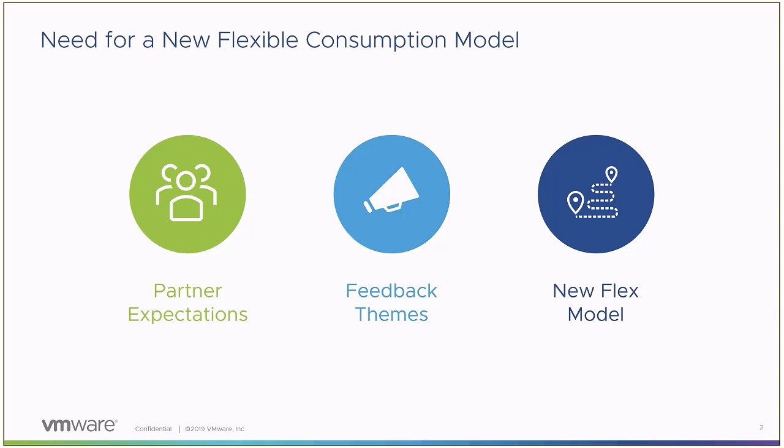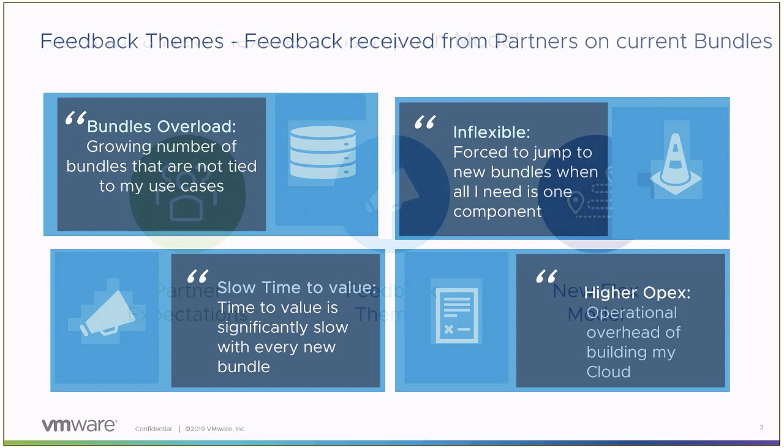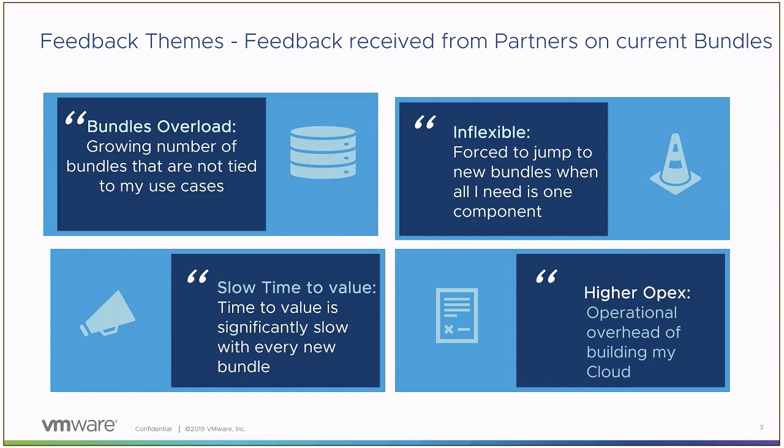The background for this new model is that we have received feedback that the old bundle is quite complex and very inflexible. Some examples from partners are bundle overload, a growing number of bundles that are not tied to my use case. Another example is that it's inflexible: we are forced to jump to new bundles when all I need is one component.